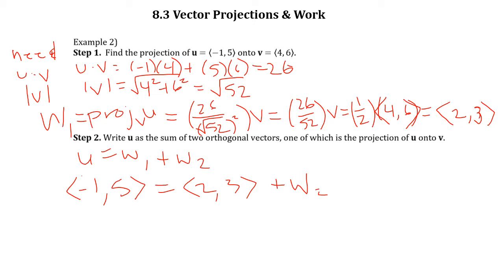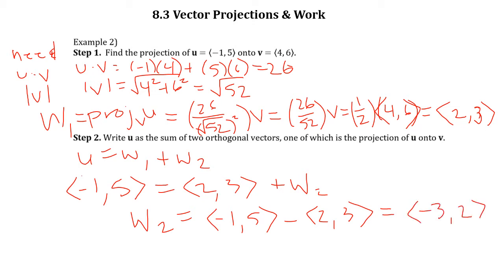So W2 is -1, 5 minus 2, 3, which is -3, 2, because of our operations: -1 minus 2 is -3, and 5 minus 3 is 2.